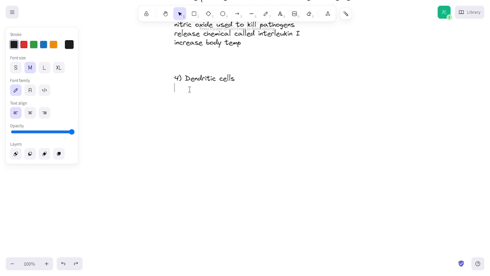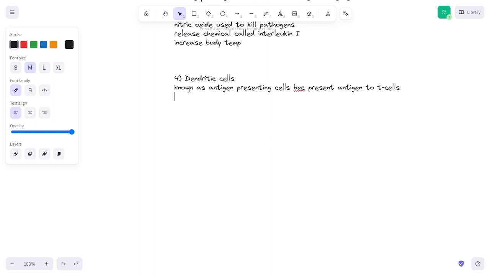They are known as antigen presenting cells because they present antigen to T cells.